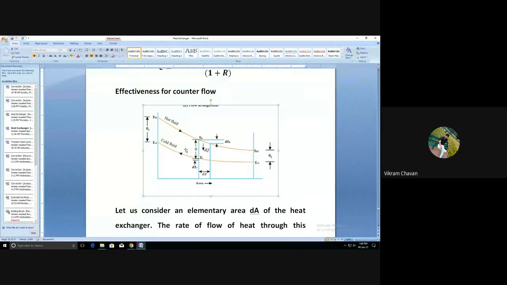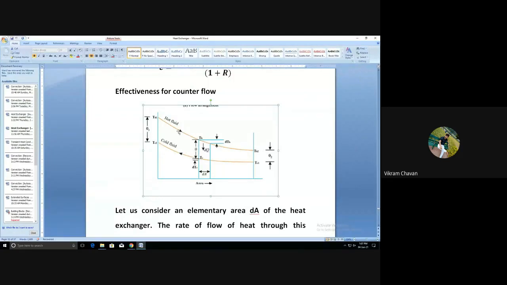Now for the analysis purpose, with a similar concept as the LMTD method, we consider one small area, having area dA out of the total heat exchanger area. The entry temperatures for the hot fluid and the cold fluid for this area are Th and Tc, and the initial temperature difference is represented as theta, so theta is equal to Th minus Tc.